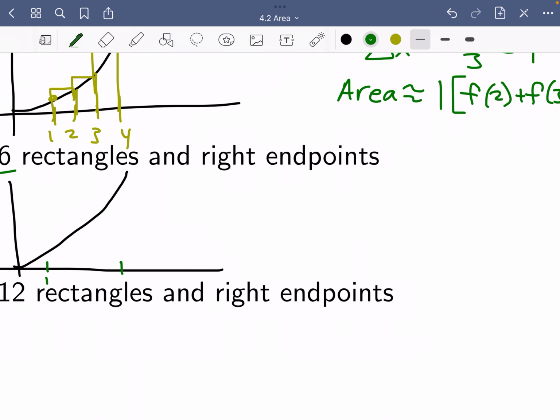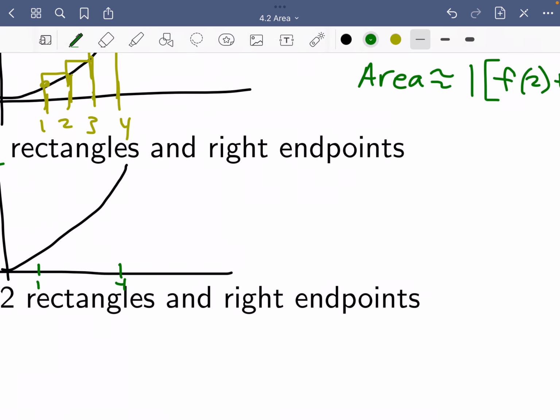Somewhere further out here we have 4 and 3 and 2. And then we're going to subdivide each one of these a little bit further. So we have 1 rectangle, 2 rectangles, 3 rectangles, 4 rectangles, 5 rectangles, and 6.